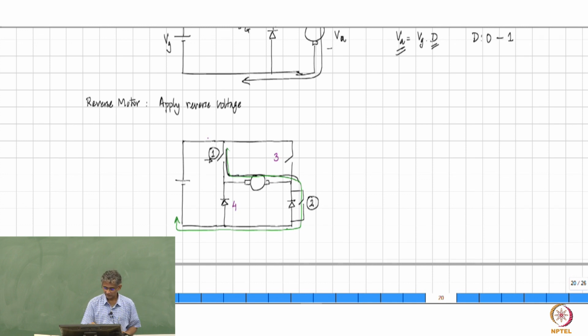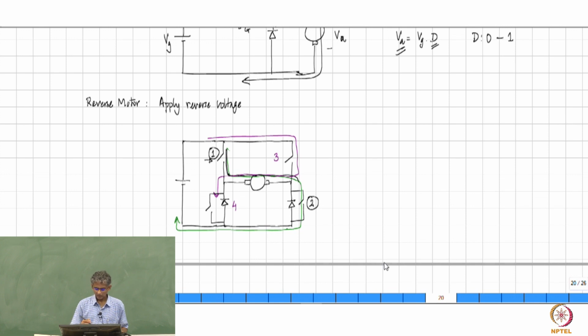Which means that current will have to flow like this through the switch number 3, come back here and you want to flow here. But this diode is now blocking and therefore what you do is you add another switch across this. Right? So, in this manner, one can attempt to get the motor rotating in the opposite direction also.